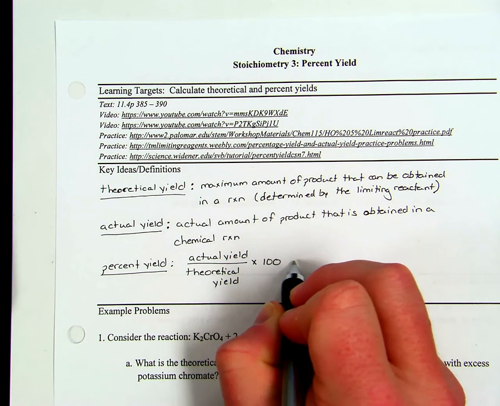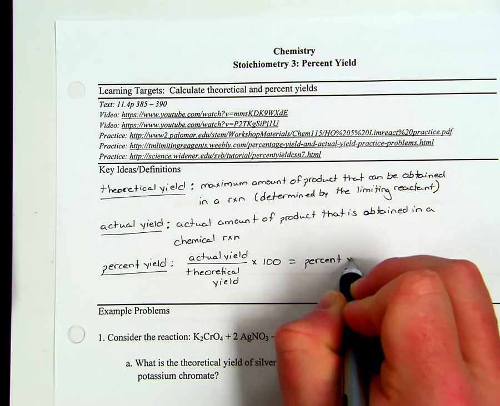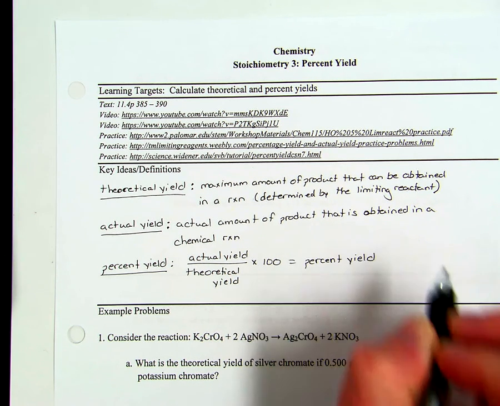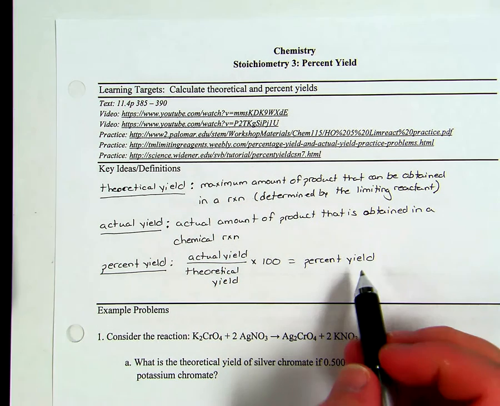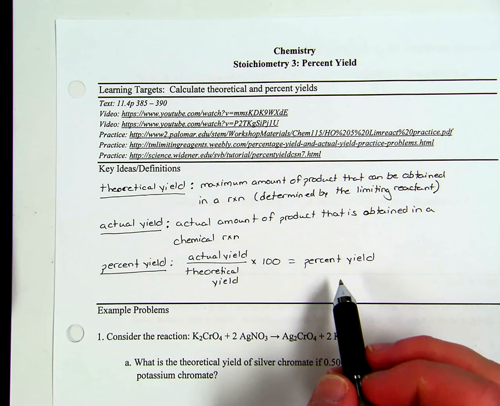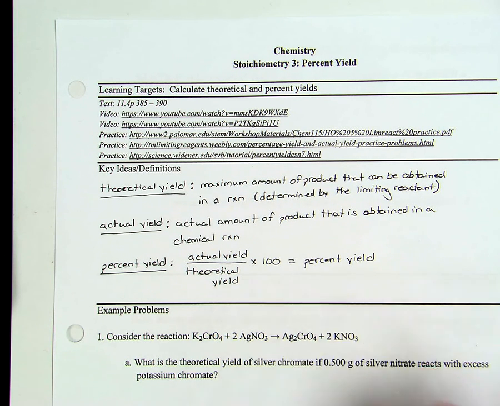That is equal to our percent yield. So the more efficient your lab is, the closer you get to the theoretical yield, then the closer this will be to 100%. And as we've seen in the past, it would be impossible to get anything more than 100%, because you can't get any more than your theoretical yield.